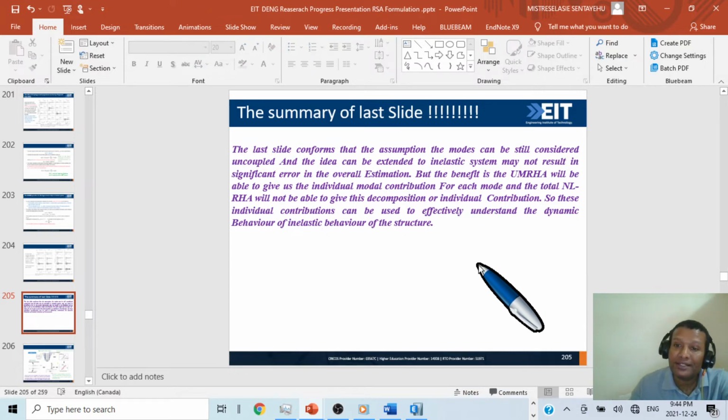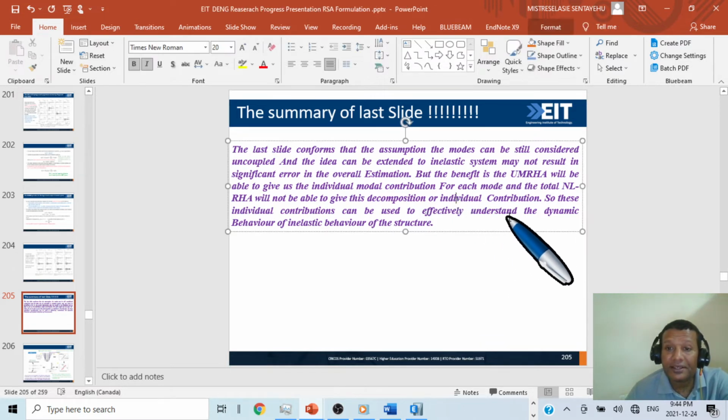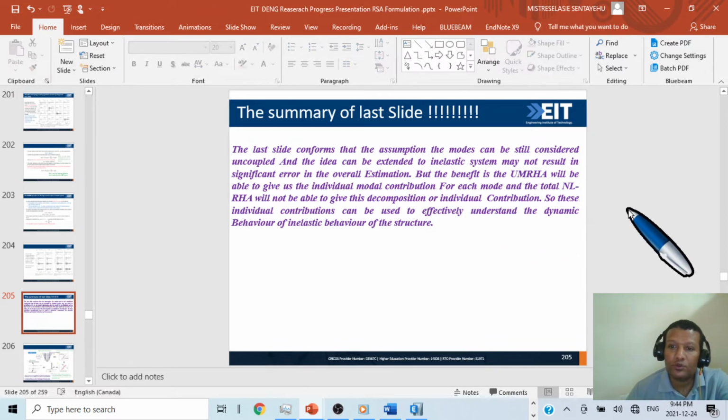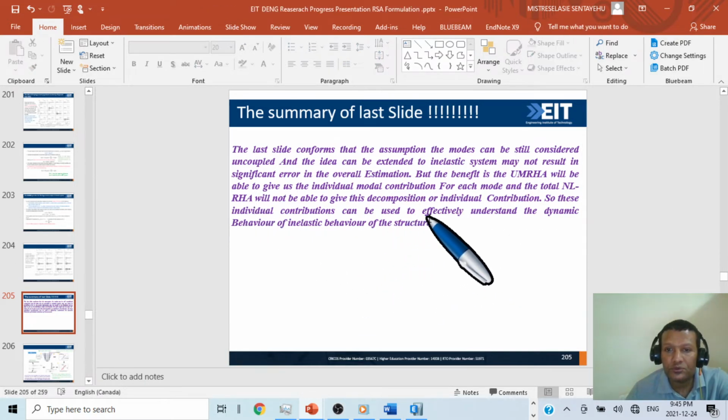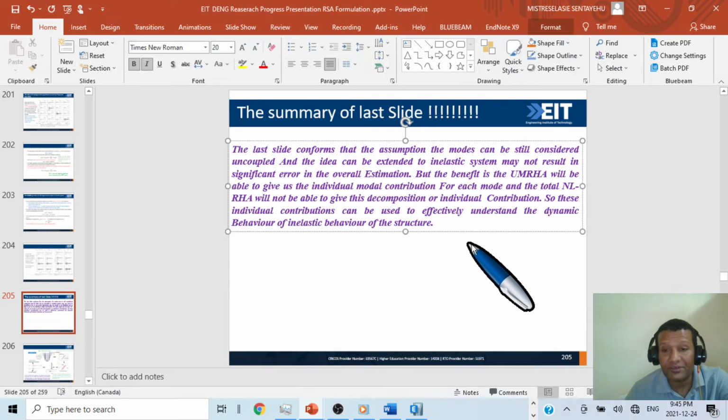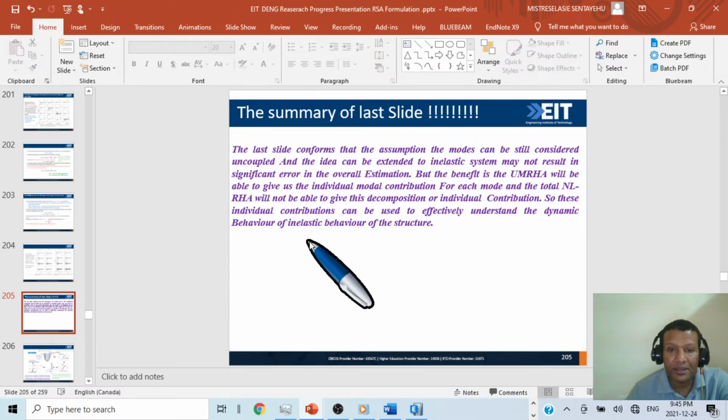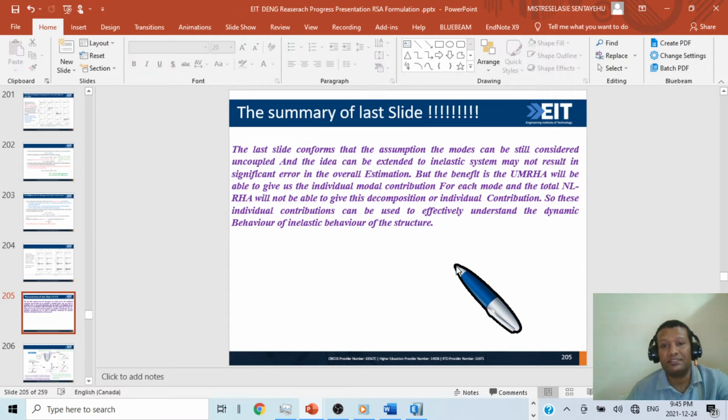But UMRHA, if you perform it, it is very tedious and time taking, but you can get the individual contribution from first mode, second mode, fourth mode, and so on. So this individual contribution can be used to effectively understand the dynamic behavior of inelastic behavior of the structure.